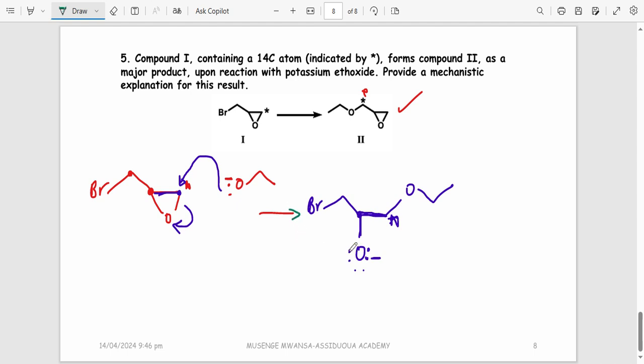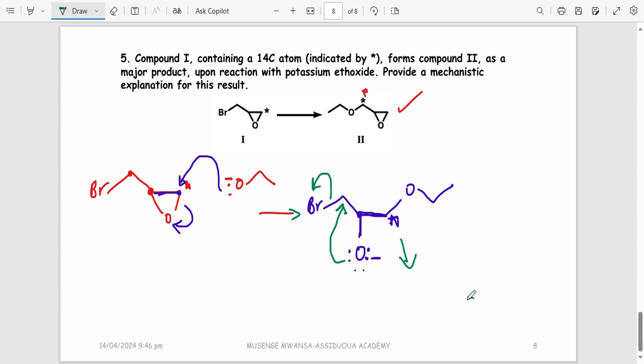Because it's a strong nucleophile, it is going to go by SN2, attacking this carbon that contains the bromine, and the bromine acts as a leaving group. So what are we going to form? I want to make it as simple as possible.